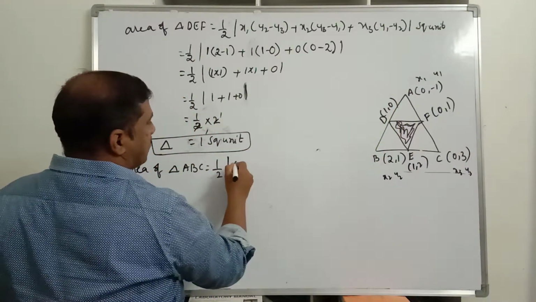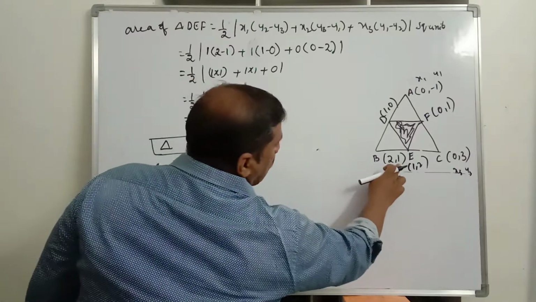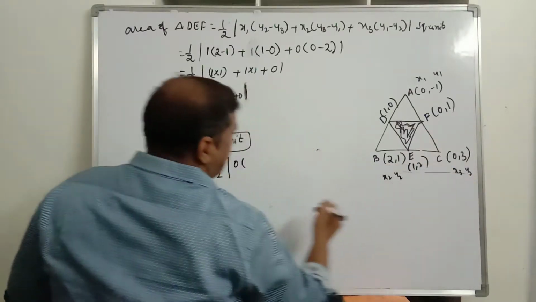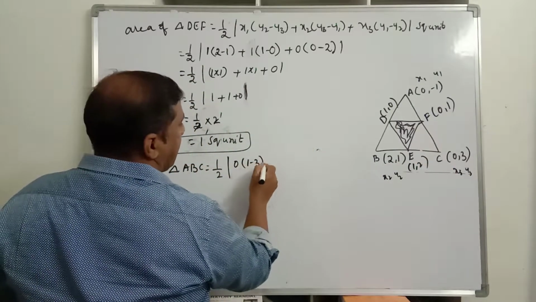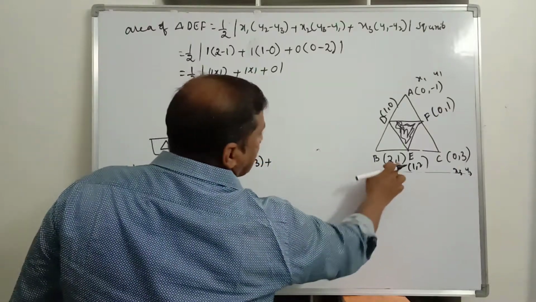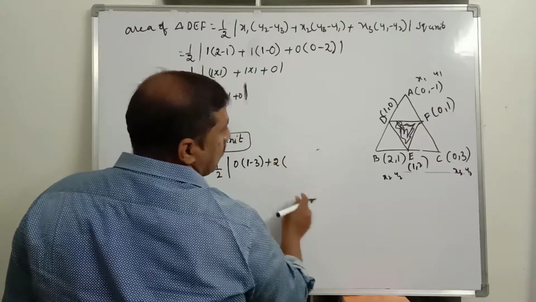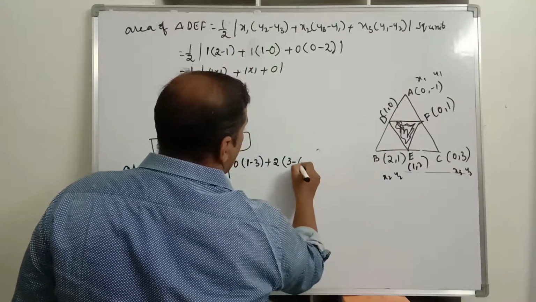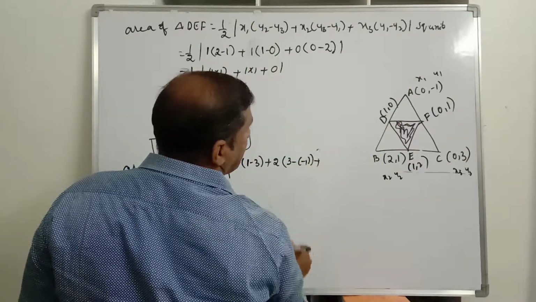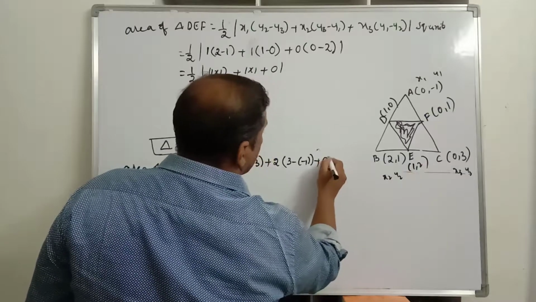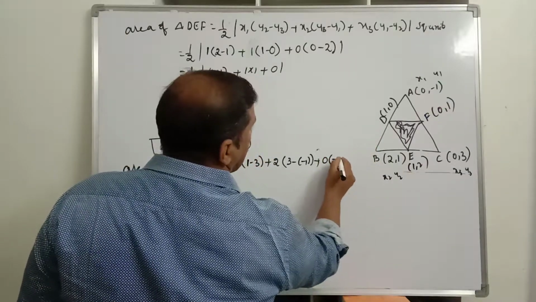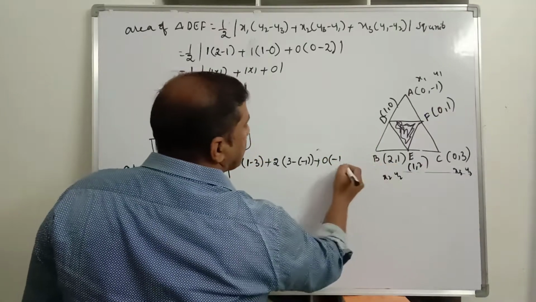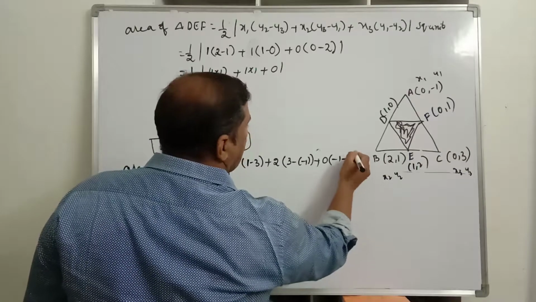x1 is 0 into (y2 is 1, y3 is 3), that is 1 minus 3, plus x2 is 2 into (y3 is 3 minus y1 is minus 1), plus x3 is 0 into (y1 is minus 1, y2 is 1), therefore it is minus 1.